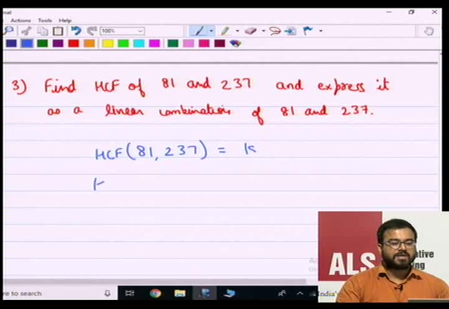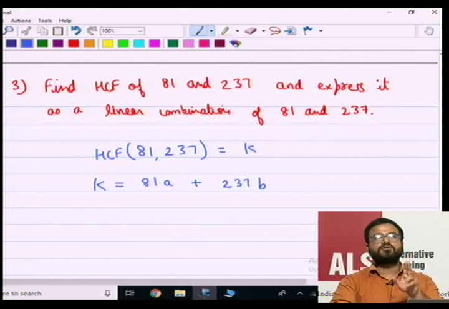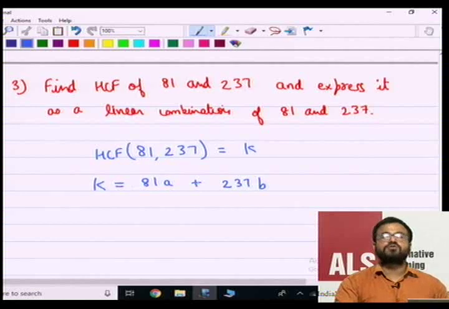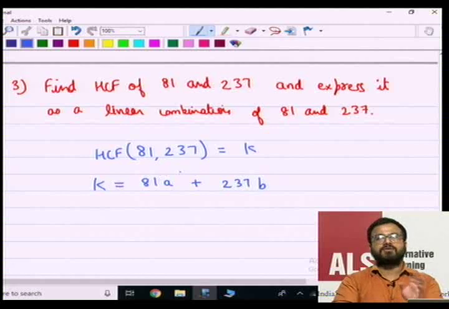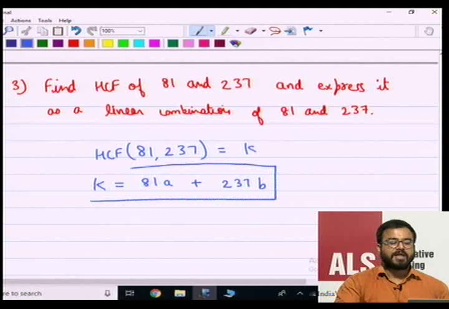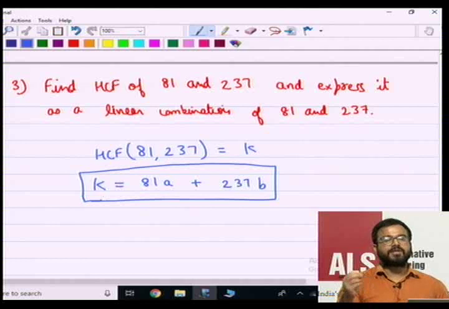It means K should be equal to 81 times A plus 237 times B. So basically you have to figure out the values of A and B. It can be positive, it can be 0, it can be negative. A and B are integers basically. So what integer values of A and B should we use, so that on multiplying with 81 and 237 and on adding, we get K as our answer. So you have to write K in this form. This is called representing K as a linear combination of 81 and 237.